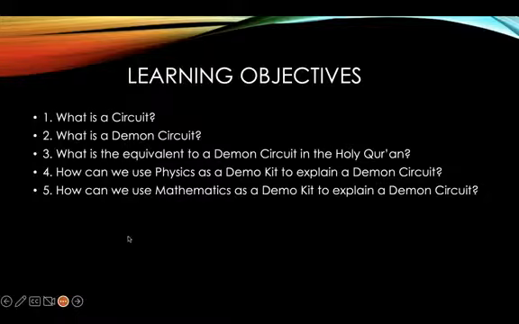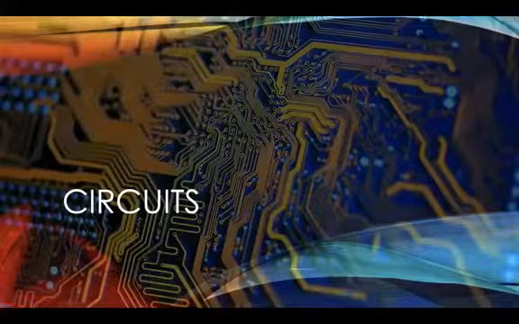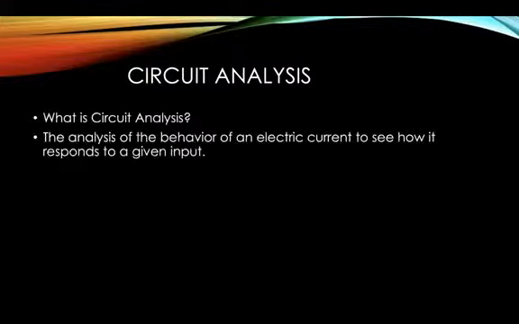All right, so here we go. We'll start with the concept of circuits. Now you have in physics what's called circuit analysis. In that book that I showed you a minute or so ago, here's the definition of what circuit analysis is. It's the analysis of the behavior of an electric current to see how it responds to a given input.